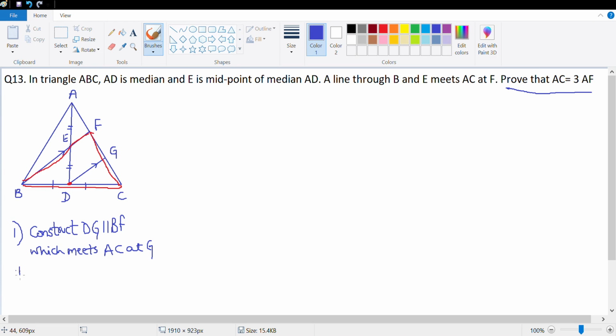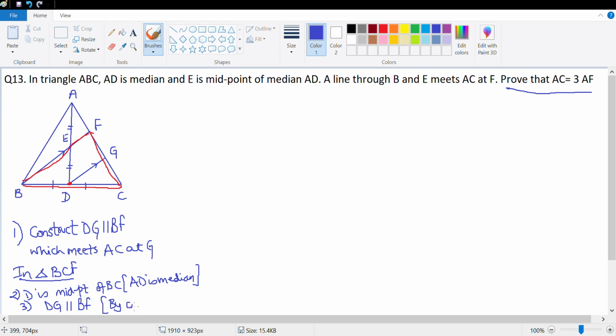In triangle BCF, D is midpoint of BC. Why? Since AD is median. So it will divide BC into two equal halves. Number 3, DG is parallel to BF. Why? By construction. We've constructed it in a manner that it is parallel.